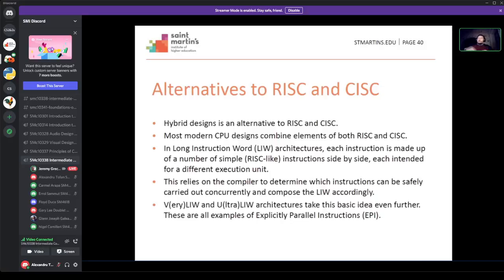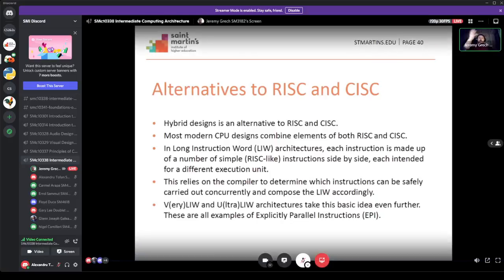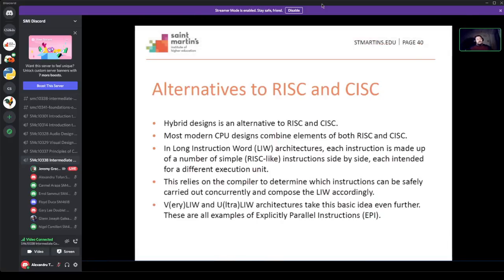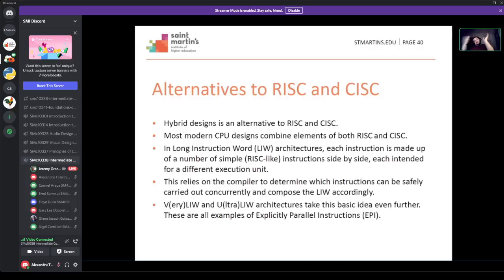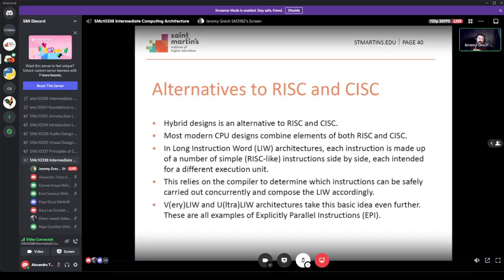So a long instruction word could actually make use of multiple cores working at the same time. For example, say you have 4 cores. You would take 64 times 4, and that would be your entire instruction word. One quarter of it would go to one core, another quarter to another core, and so on and so forth.